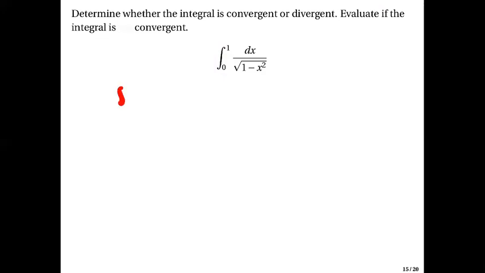Okay? So let us do this. We have the integral from 0 to 1 dx over square root of 1 minus x squared. By definition, this is the limit as t approaches 1 from the left of the integral from 0 to t of dx over square root of 1 minus x squared.